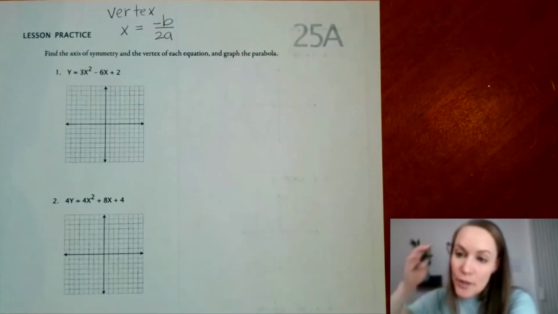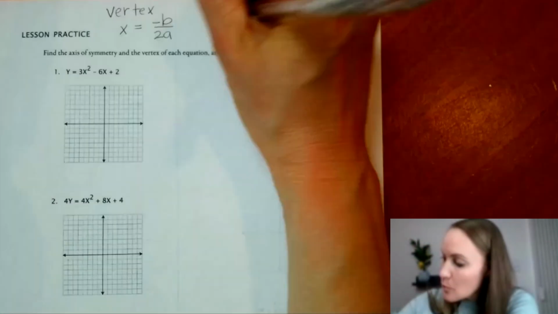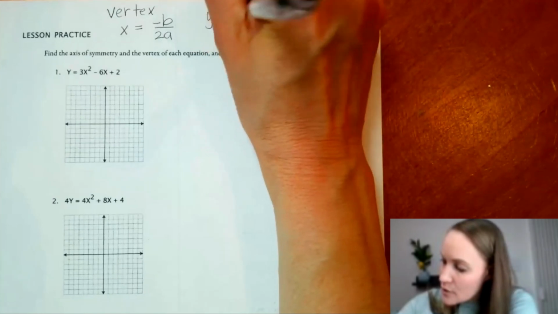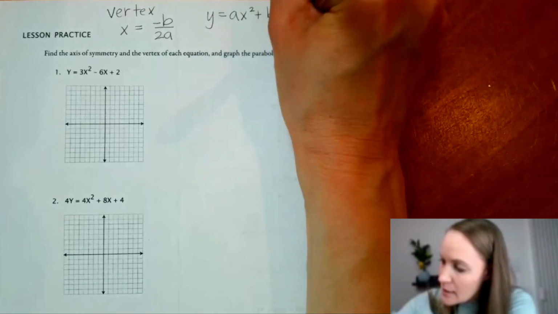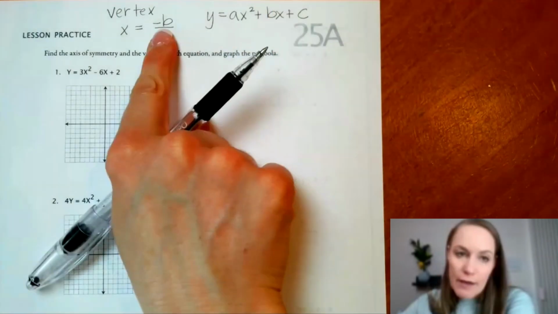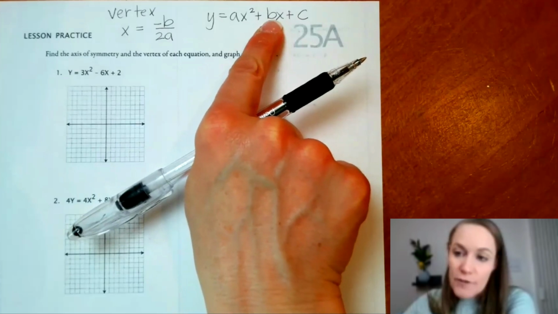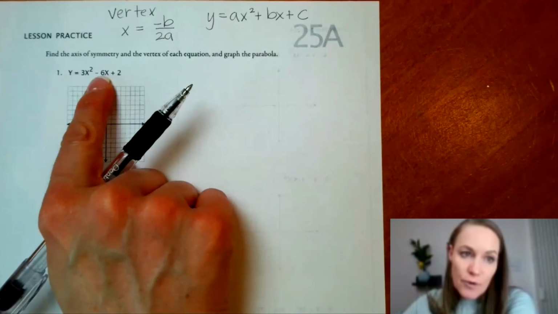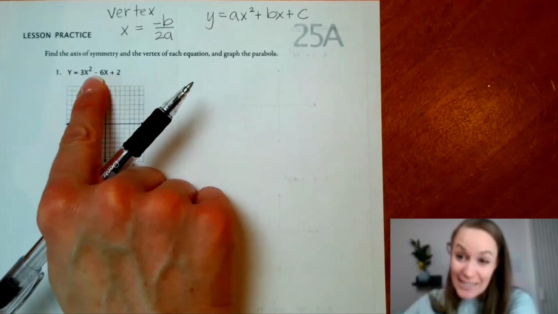So in our vertex equations, we have y equals ax squared plus bx plus c. You find the b value by looking at the coefficient of the x value. You might be tempted to say 6, but don't fall for that trap.